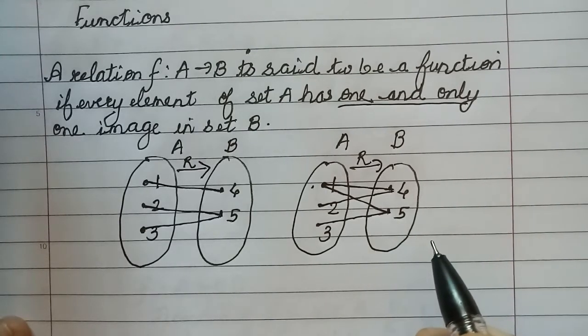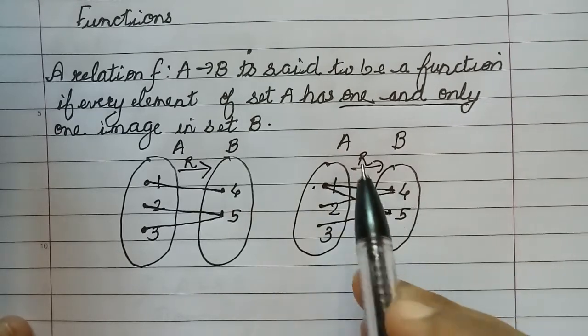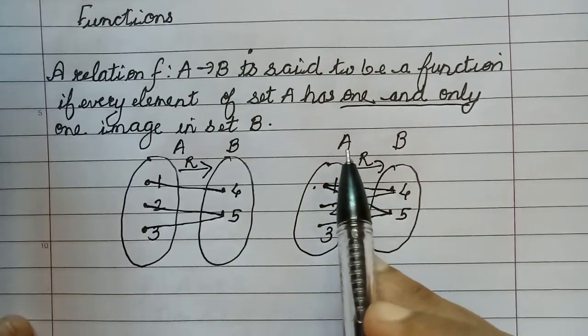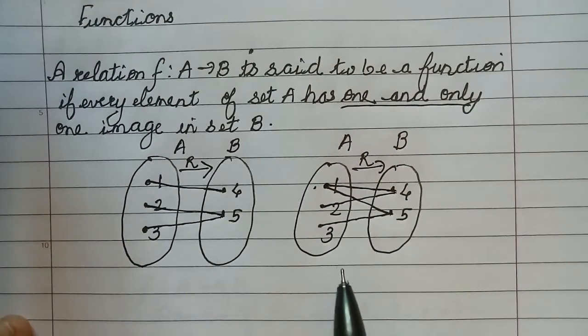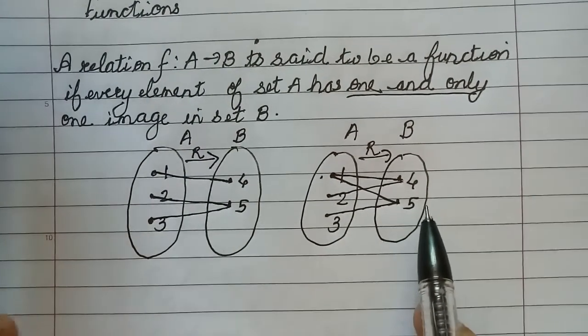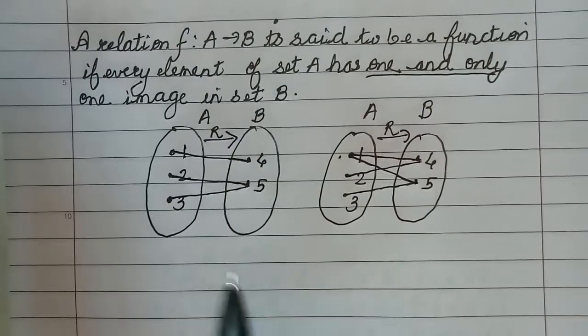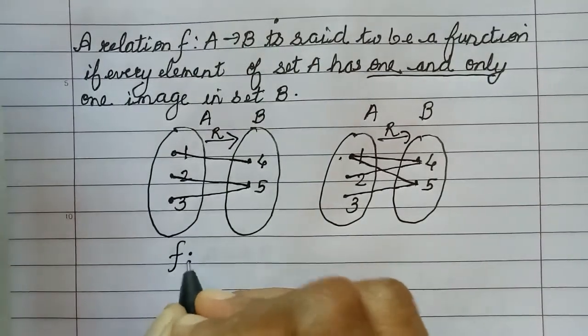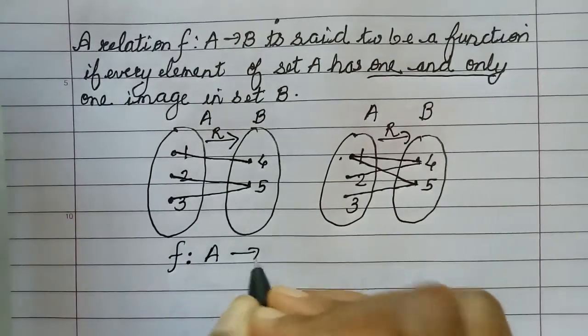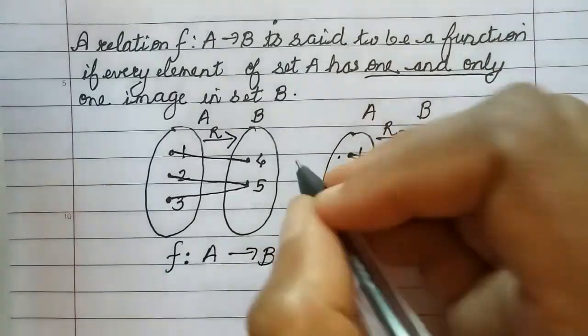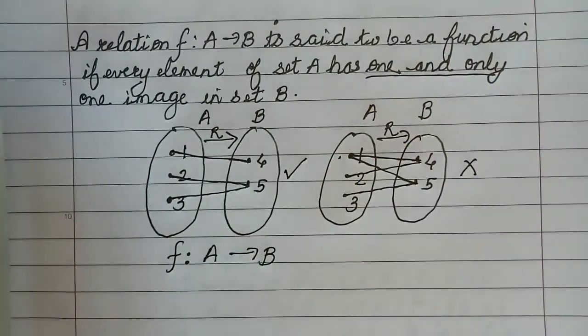That is what the definition of function is emphasizing, that every element of your set A should have only one image in your set B. It is denoted by the notation, you already know, F from A to B. So this is not a function, but this is a function.